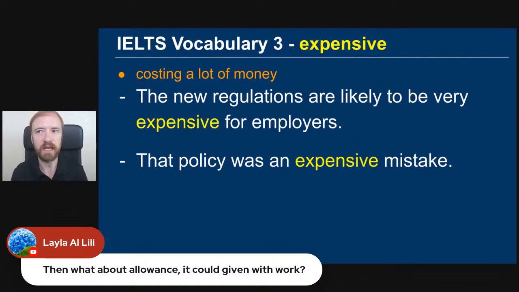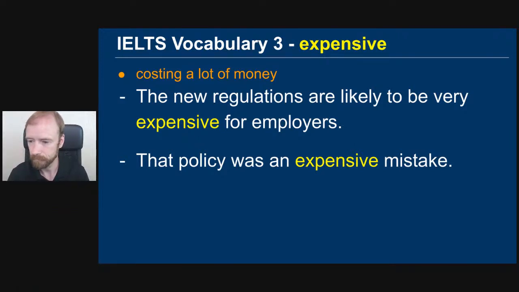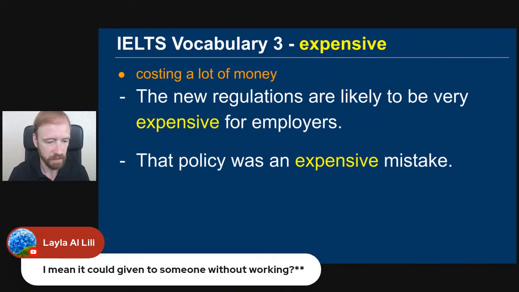A government can give an allowance, but usually that's from parents to children, some money every week or every month. Parents are just giving their children some money, but it can also be from the government. Good question, but not from a company.